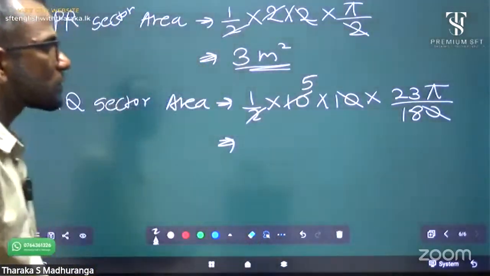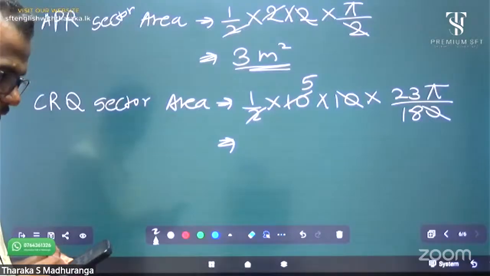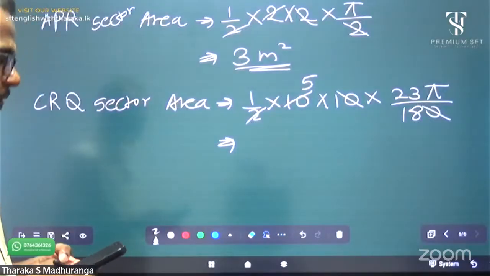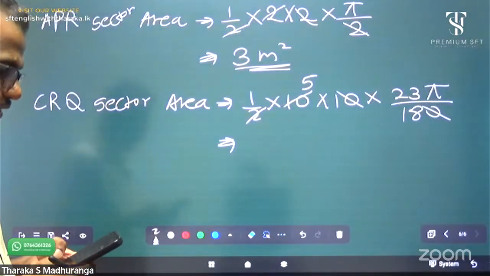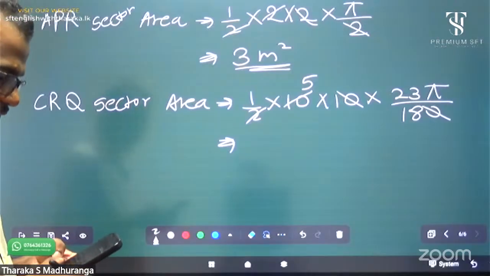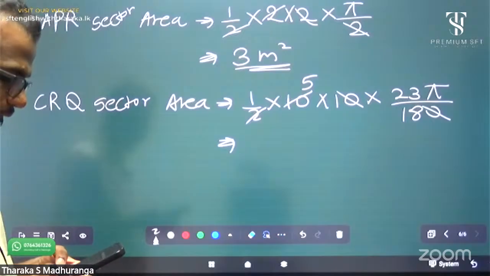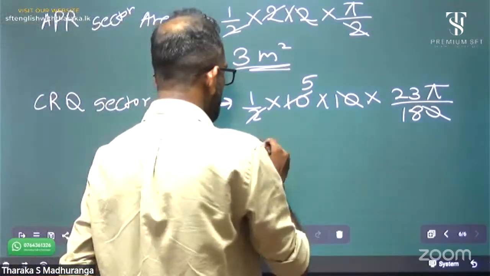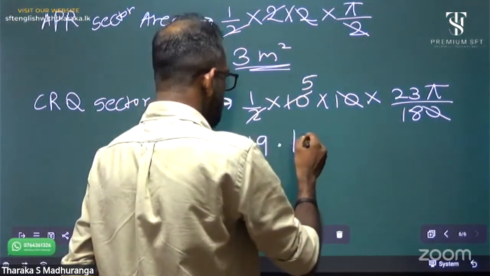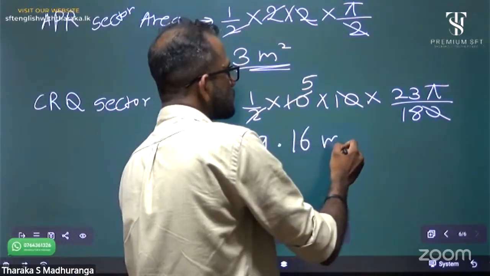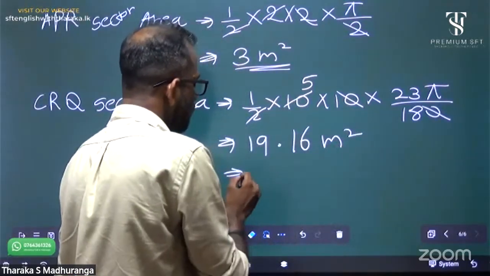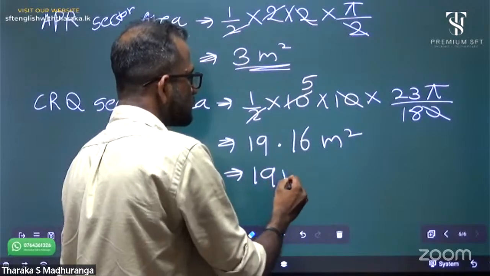Then 23 into 3 into 5 divided by 80. 19.16 square meter, into whole number, 19 square meter.